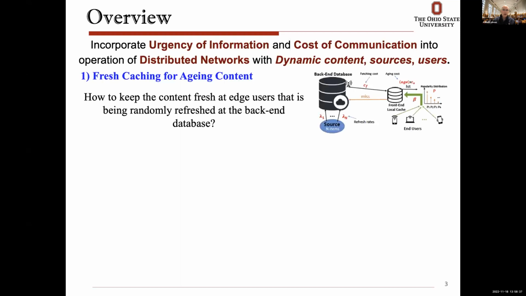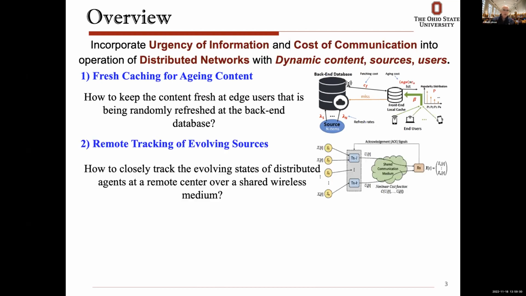On the first front, the caching or content case, the question is, if the content is being refreshed at, let's say, the back-end database or closer to the source, how do we keep it fresh at the edge, given that there's a communication cost and of course cache limitations?